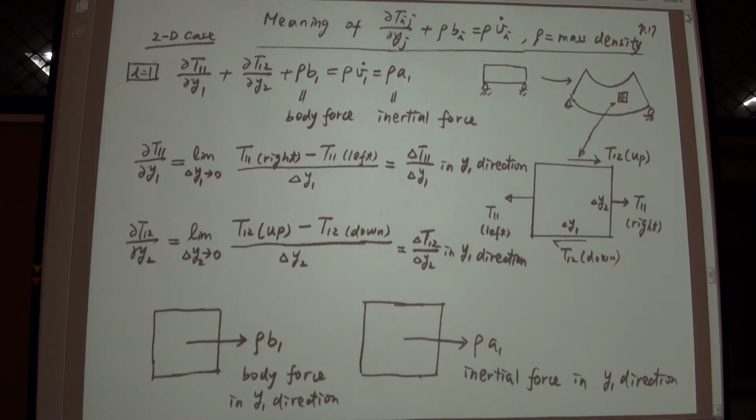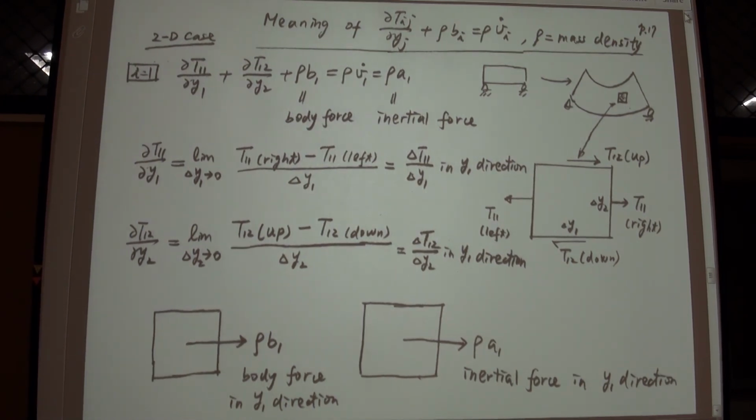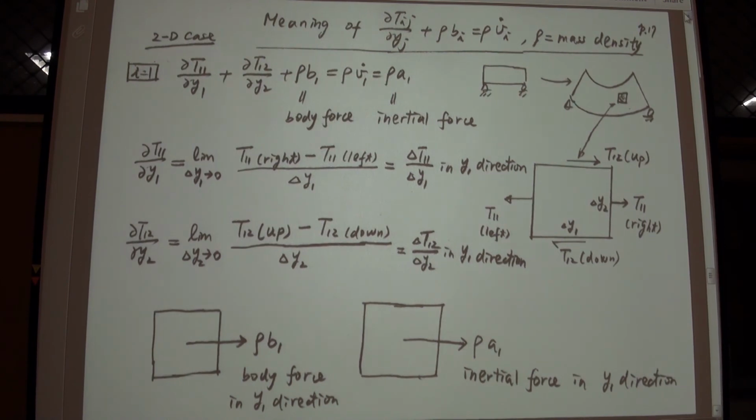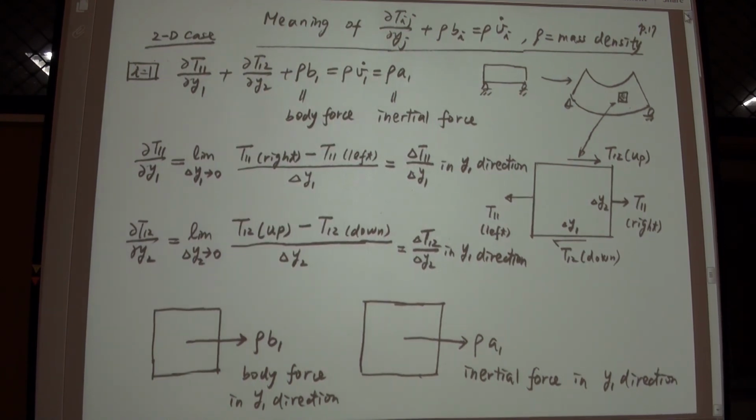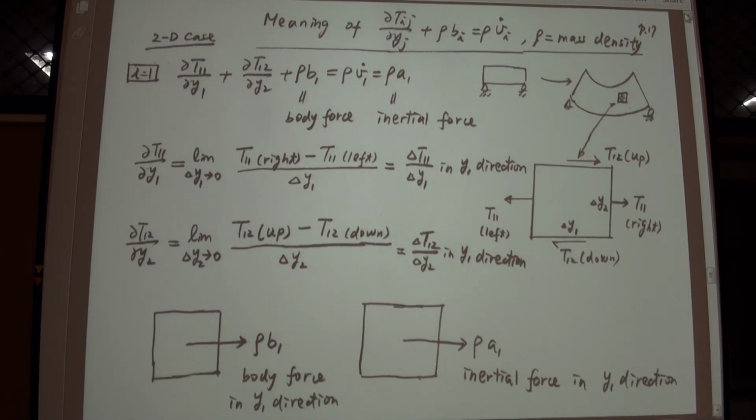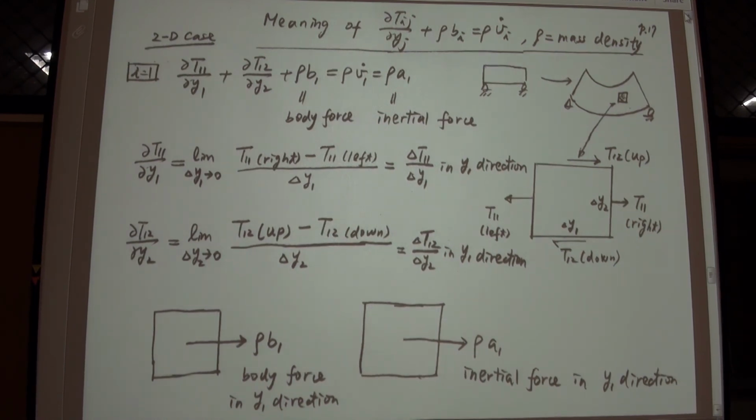You may say, Professor, please give me some example. What will be the body force in the horizontal direction? Usually for gravity, the direction of the body force is pointing down, so it is vertical.